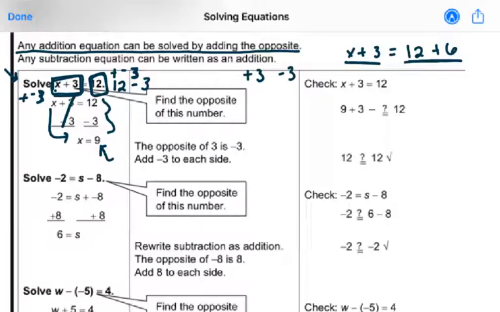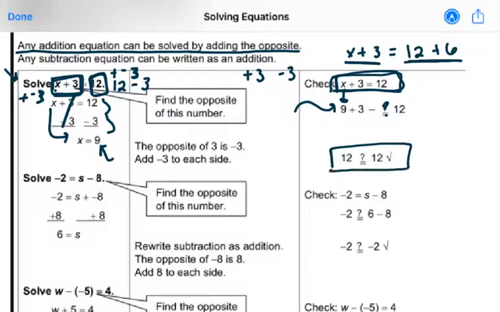So if x equals 9, and I substitute x for 9, would it equal 12, which is our original equation? So x plus 3 equals 12. Well, x is 9, so 9 plus 3. Does that equal 12? That's what this question mark is for. And yes, it does. 9 plus 3 is 12, and 12 equals 12. So check. We know that it works.